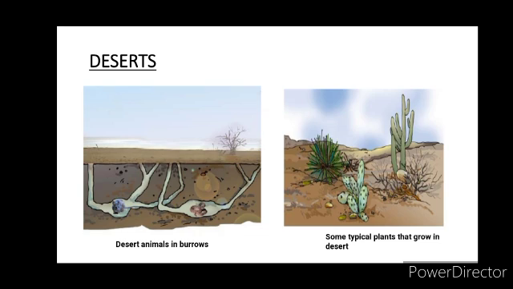Most desert plants have roots that go very deep into the soil for absorbing water. These are the kinds of adaptations that plants and animals have adopted in desert habitats.